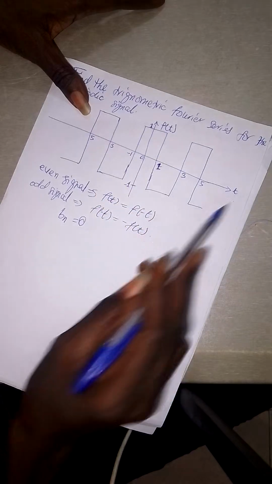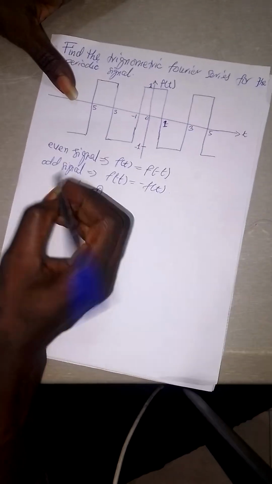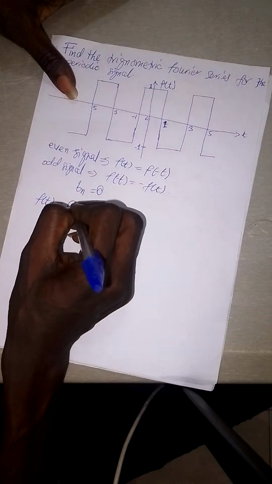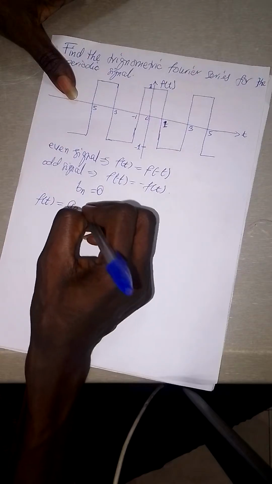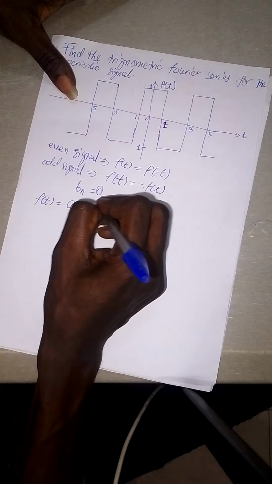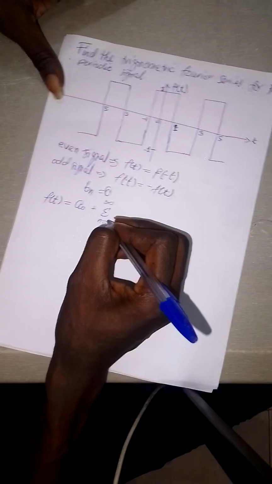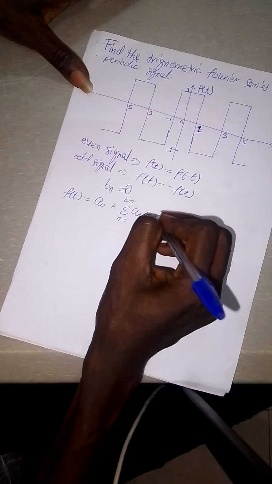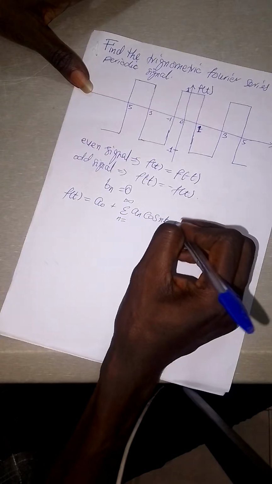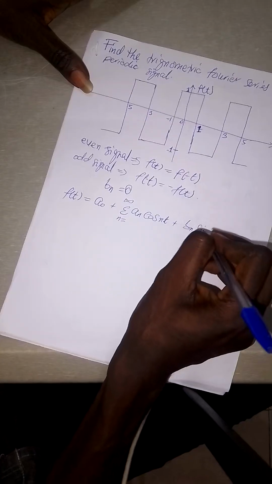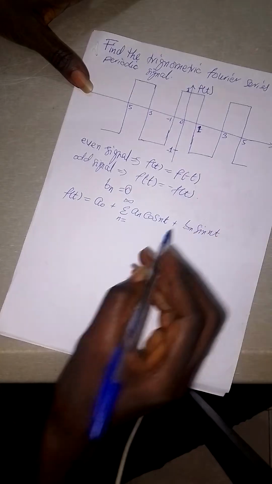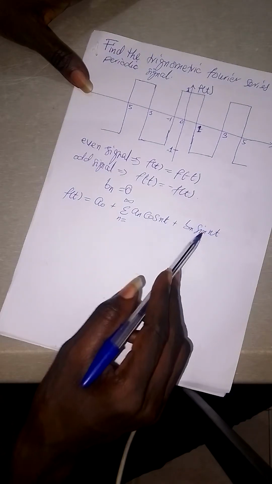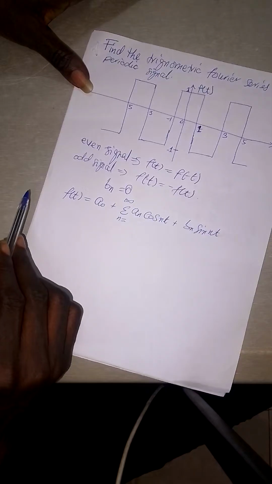So let's write the general equation for the Fourier series: f of t is equal to a naught plus the sum from n equals 1 to infinity of an cos nt plus Bn sine nt. Because it's an even signal, the odd aspect, sine, is going to be 0, and we have to find the even aspect.